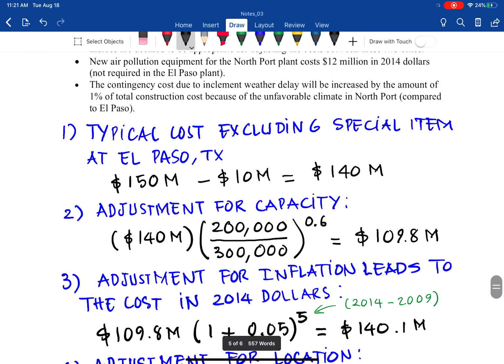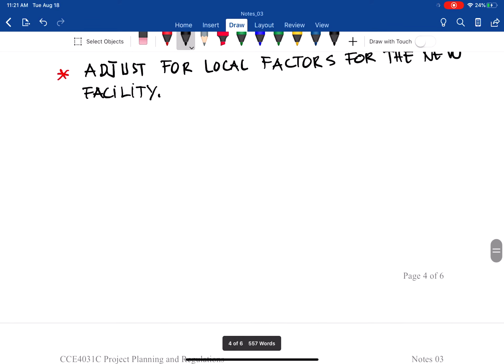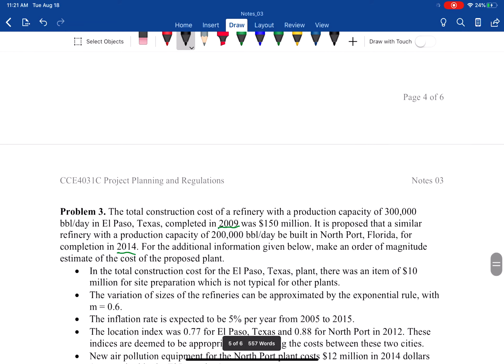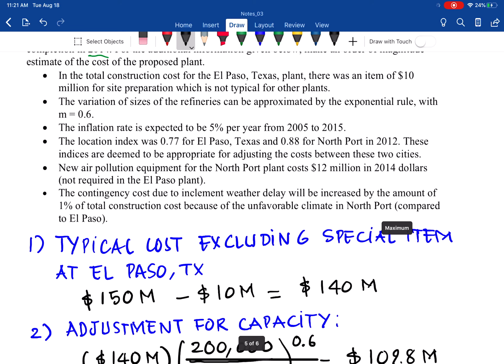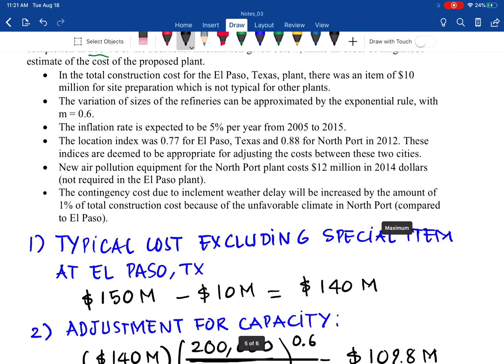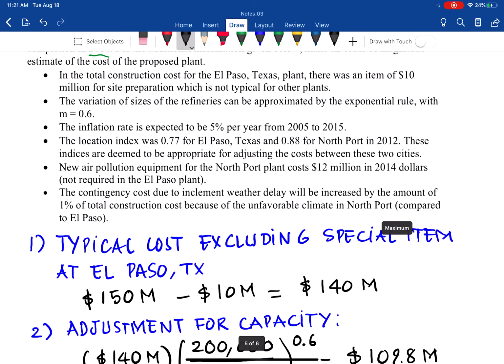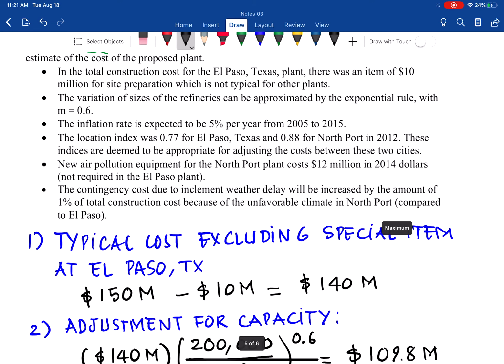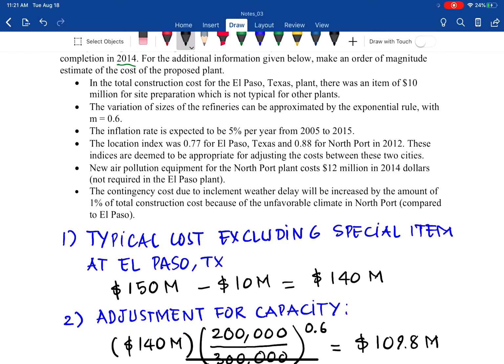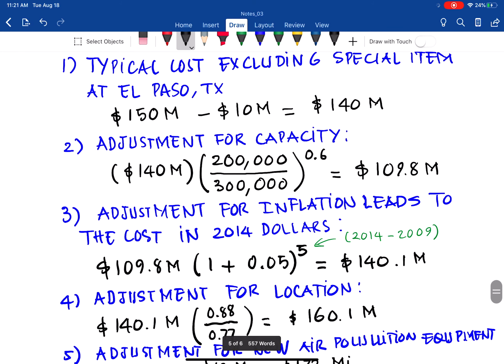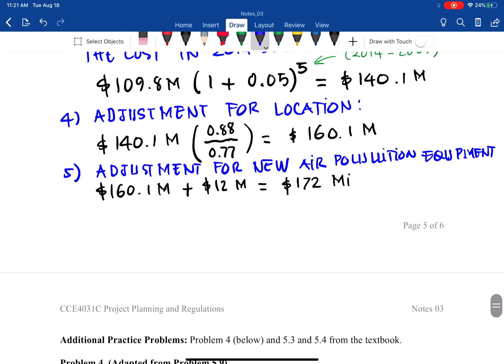And then adjust for the local factors. In this case, they have the contingency cost due to inclement weather delay, which will increase the cost by 1% of total construction cost because of the unfavorable climate in Northport compared to El Paso. So the last adjustment is for contingency due to inclement weather.